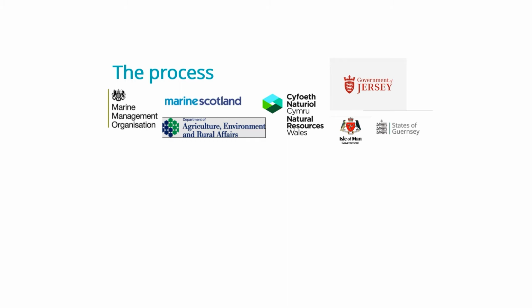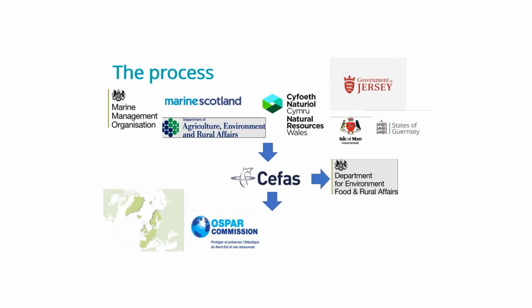These data are provided every April or May for the preceding calendar year to CEFAS, and CEFAS checks the data, as I said, on behalf of DEFRA. We then upload into the database and run a series of checks and calculations before producing reports for OSPAR, which is a regional convention, so the boxed areas on the map, and also the International Convention, the London Convention, London Protocol.